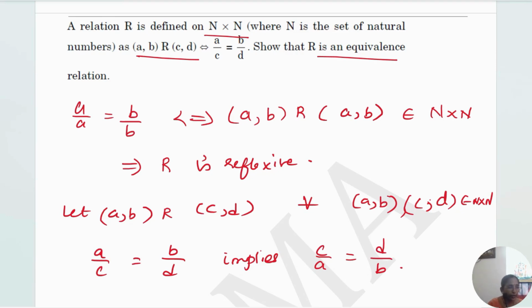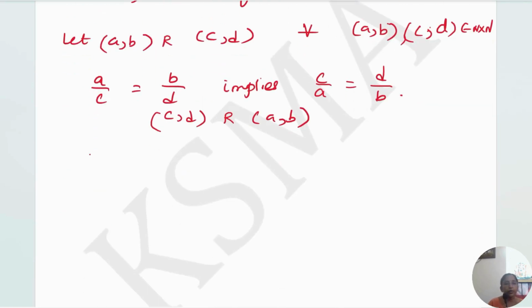So you can write that (c, d) is related to (a, b). So R is symmetric in nature.